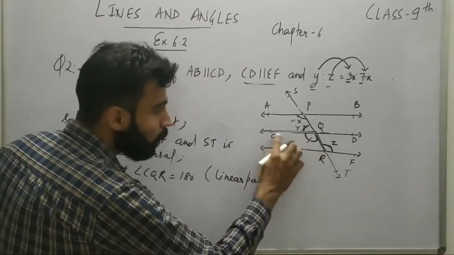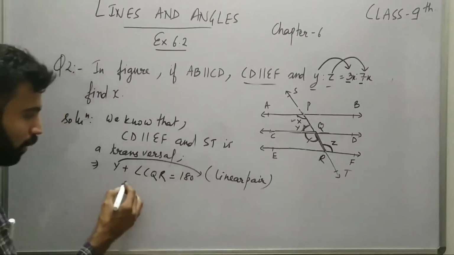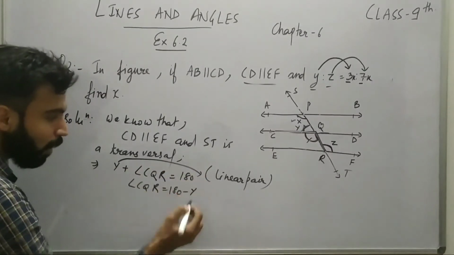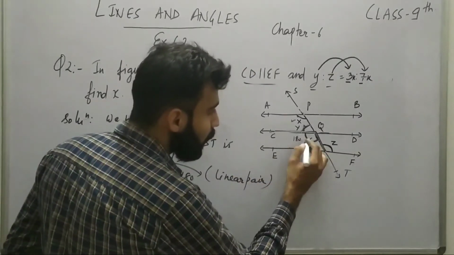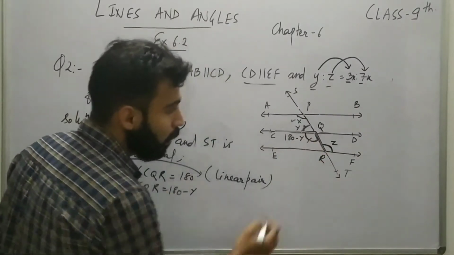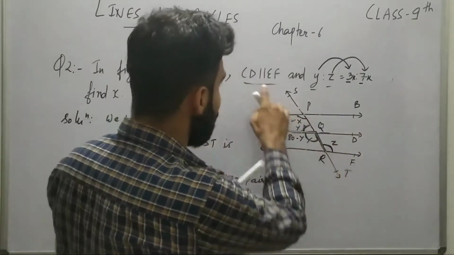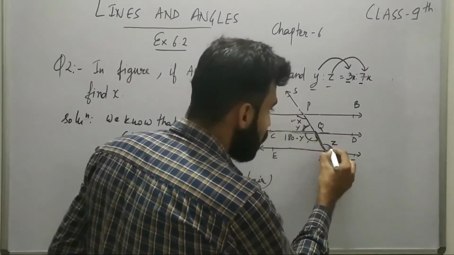So if I have to find angle CQR, simply transfer this Y onto the right hand side. So angle CQR is equal to 180 minus Y. Getting the point? Now the other thing is, if line CD is parallel to EF, which is given to us, then these two angles are alternate angles.